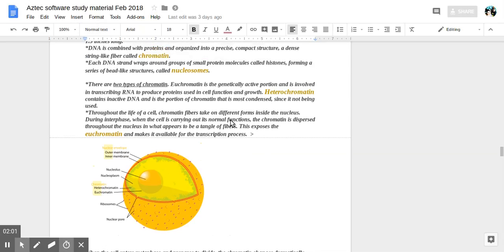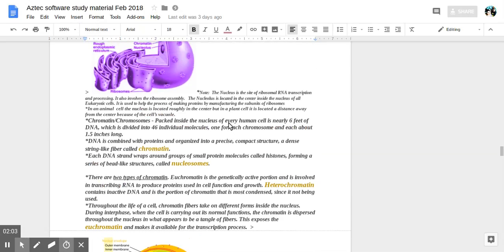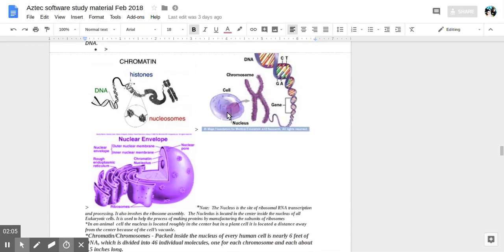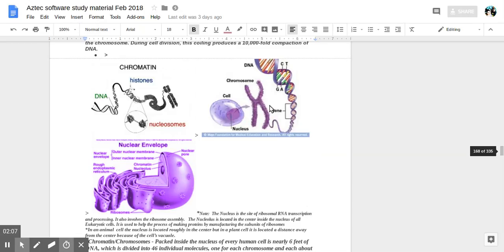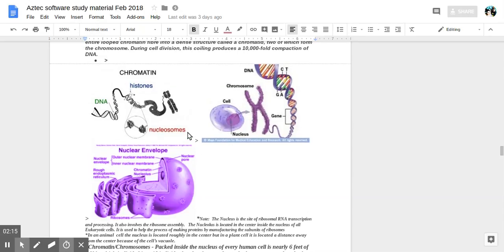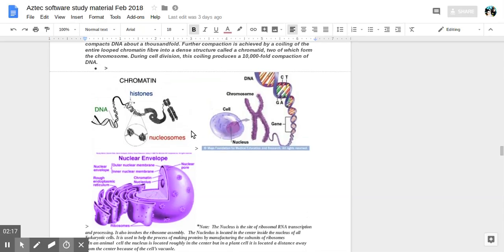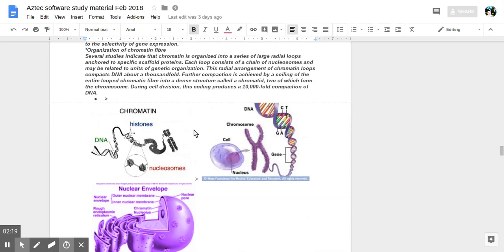So that's about that. That's what the chromosomes look like, and the helix of the DNA. And earlier we learned that DNA is compacted into chromosomes by a 10,000-fold compaction during this division cycle.